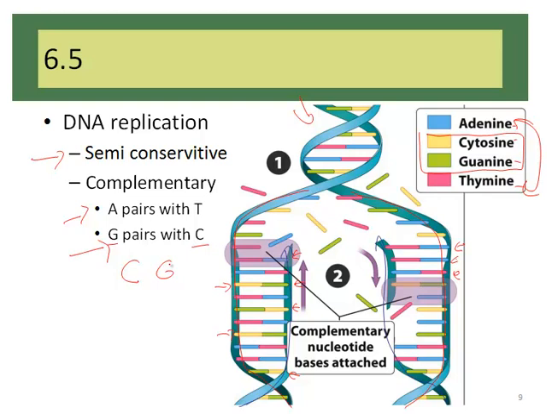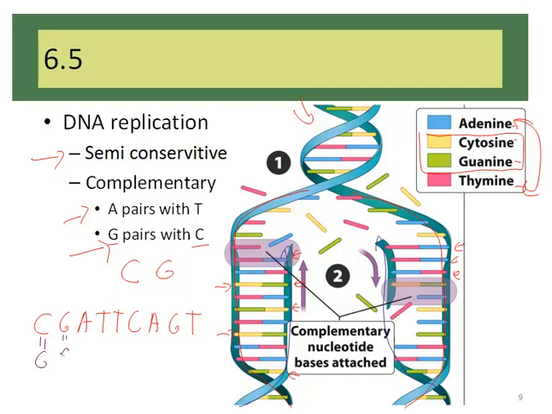I will probably on the exam give you something like this, and ask you to tell me what is the complementary half of that DNA strand. So what you would need to do is go through and look at each letter and tell me what it would pair with. So C would pair with G, correct?